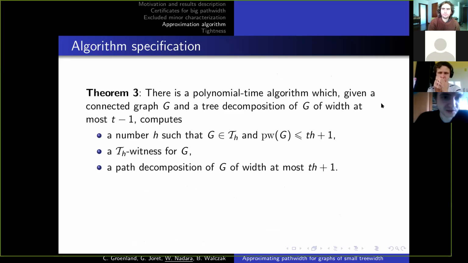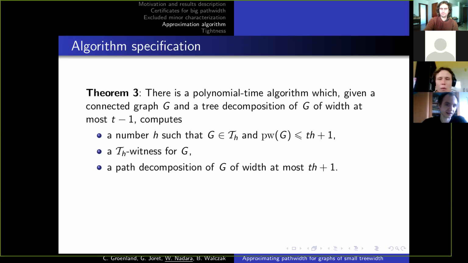Okay, so in our algorithm, we are given a tree decomposition of width at most t minus 1, and we want to compute three things. First, a number h such that G belongs to T_h and the pathwidth of G is at most t·h plus 1.